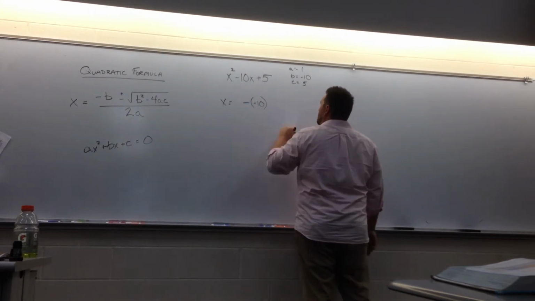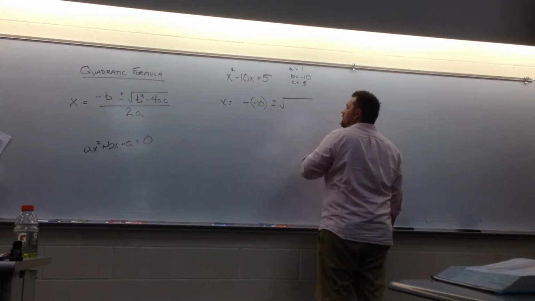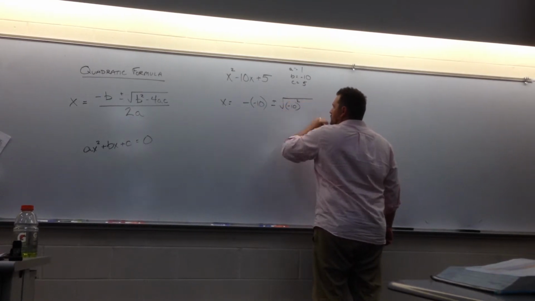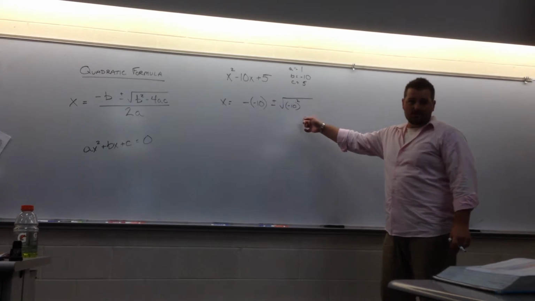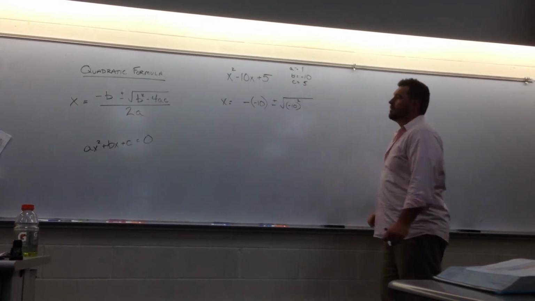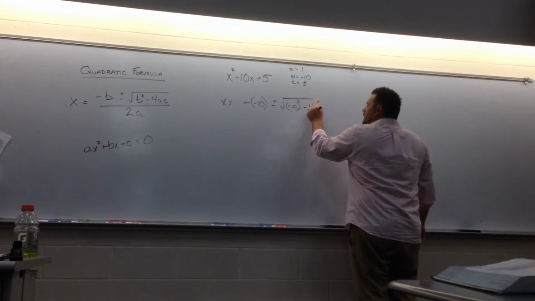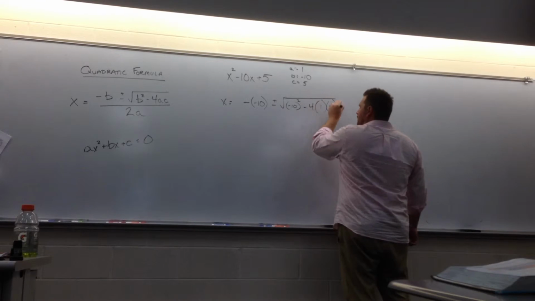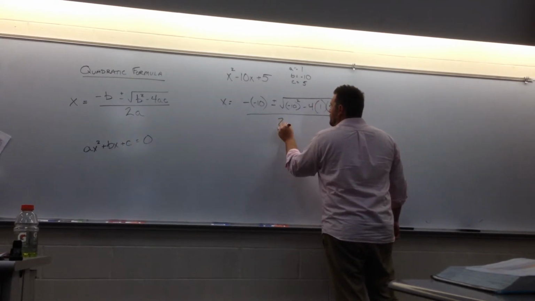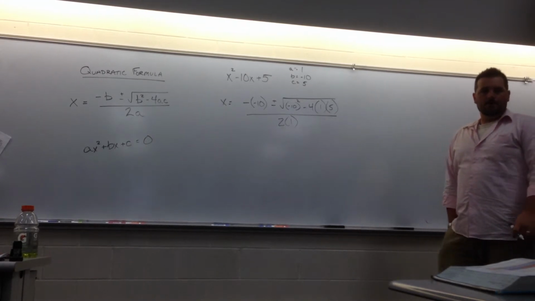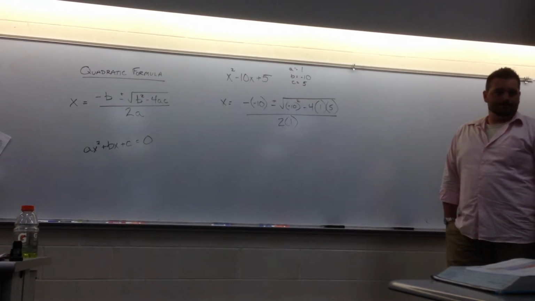So I have -(-10), plus or minus the square root of b squared, or (-10) squared, and you notice it's in parentheses, okay? Because we're taking -10 times -10. Minus 4 times a times c, all over 2a. Okay? Are there any questions at this point? All right.